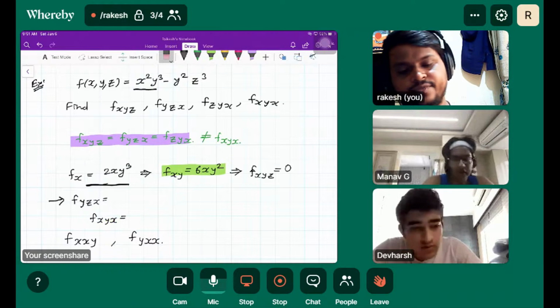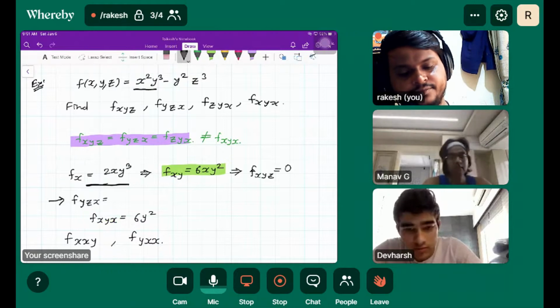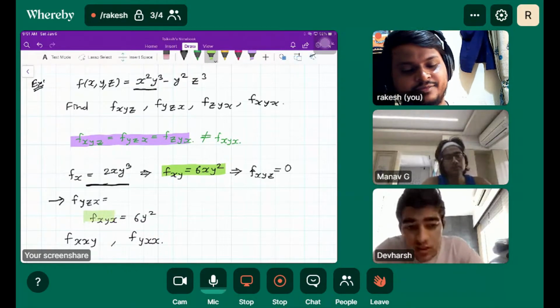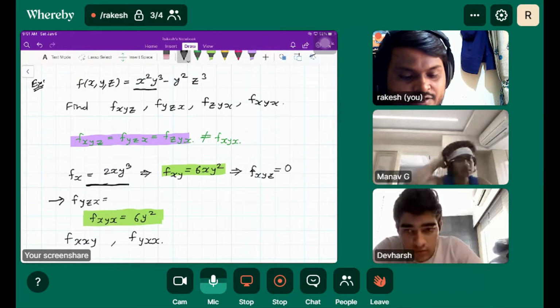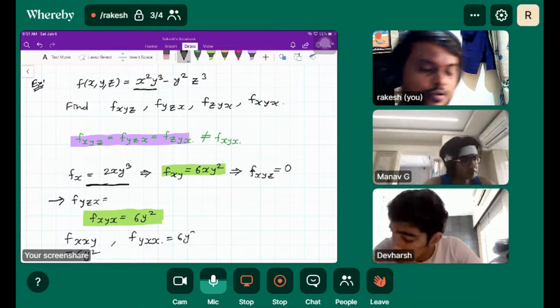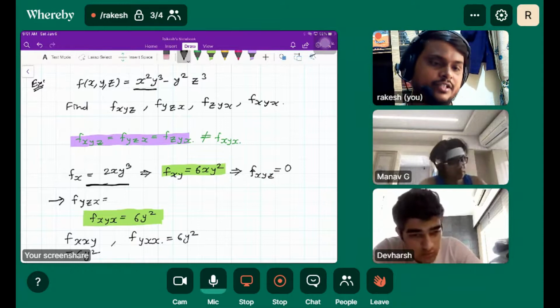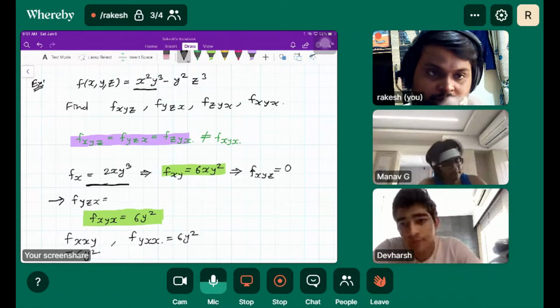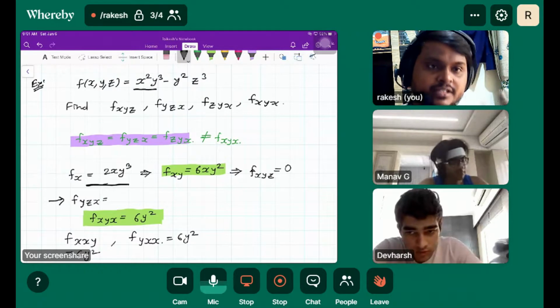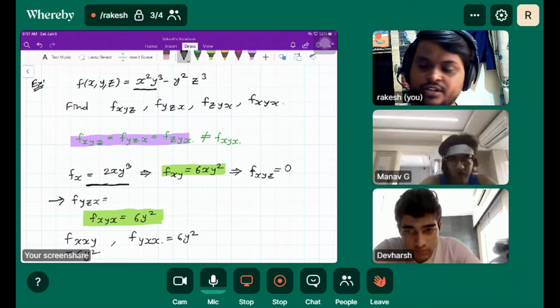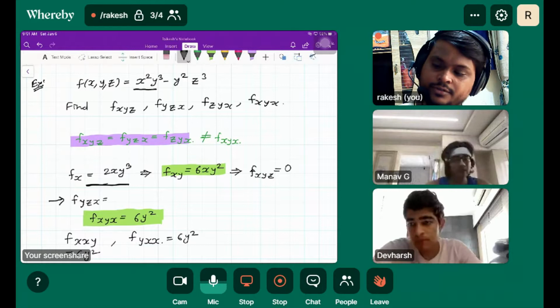Even the next two are 6y squared, both of them. If you calculate that, both will be 6y squared. So all mixed derivatives are always equal, whatever the sequence. That doesn't matter. Okay, now I got it. Good.